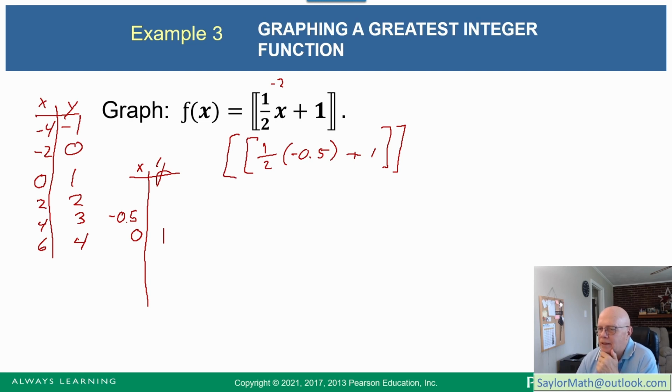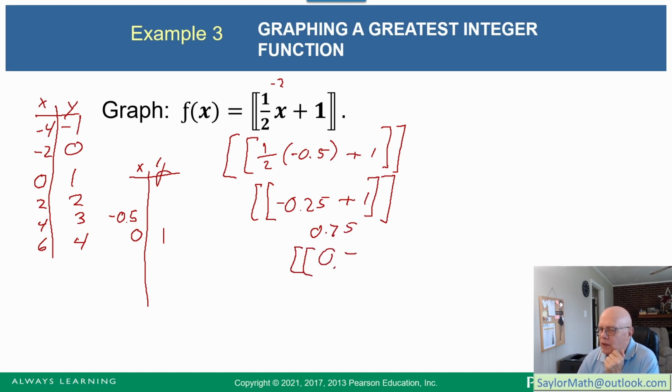Now, what do I get? Well, we have to figure out what's inside first. 1/2 times 1/2 is 1/4, and it's negative, so it's negative 0.25 plus the 1, and we want to find the greatest integer of that. So what's this equal to? It's equal to 0.75. So what's the greatest integer of 0.75?